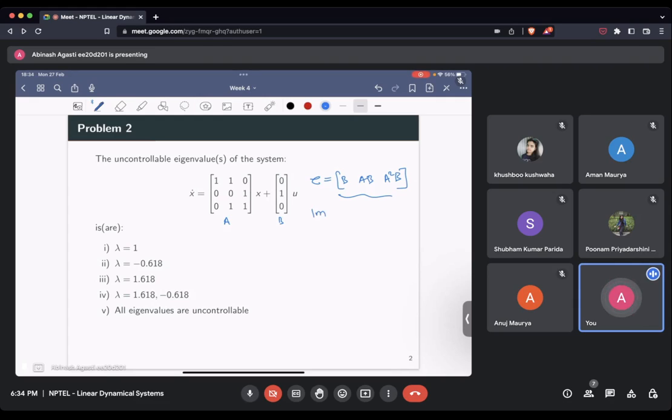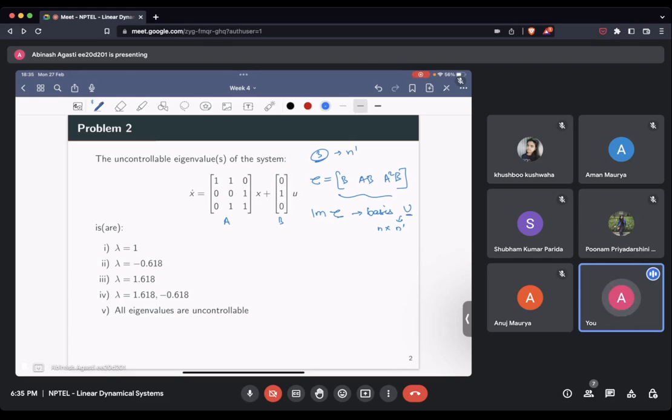Essentially, we take the image of this matrix, find its basis, and that gives us a U matrix, which will be n cross some n dash in size. So let's say C is full rank, rank 3, then n dash is 3. Since C is full rank, it will need 3 vectors in its basis.